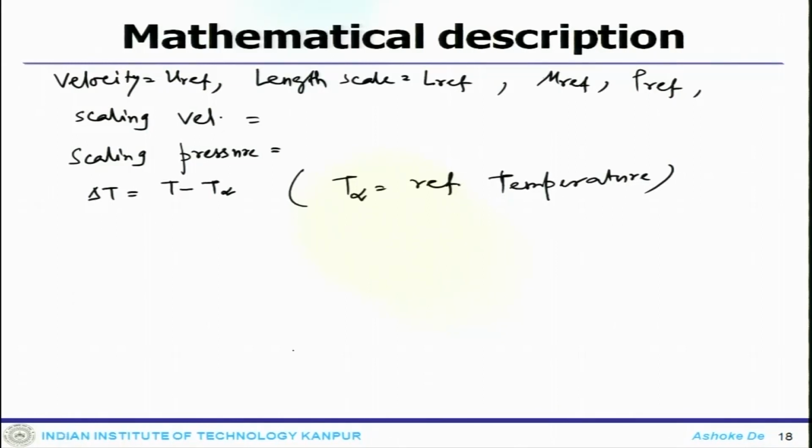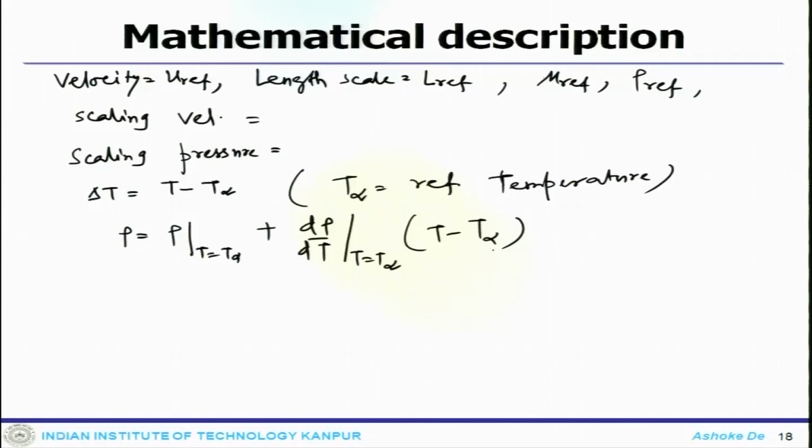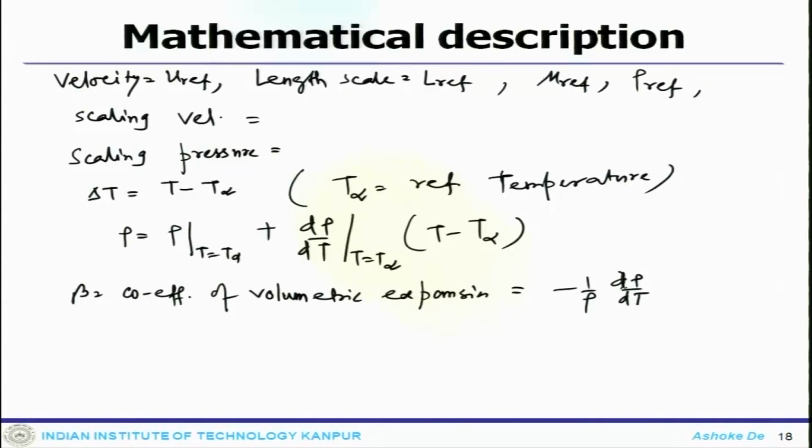and the density variation, if you take with respect to temperature, you take with the Taylor series expansion, only retaining the first order term, and this beta is defined as the coefficient of volumetric expansion. So, beta is 1 by rho d rho by dT at constant pressure.